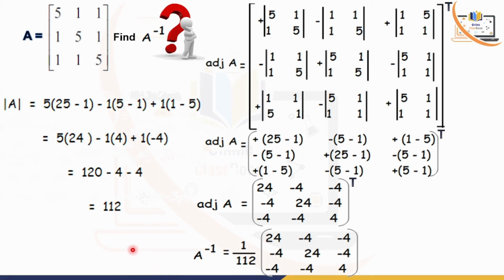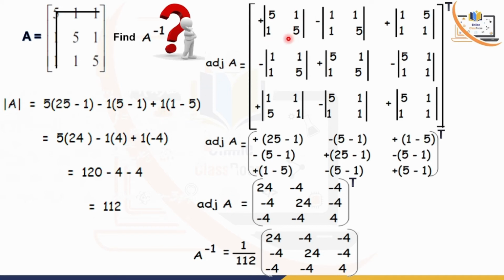Well, now we will focus on the adjoint portion. Here the corresponding 3x3 system is there. That means first we have to focus on the adjoint of A. We have to create the minors as well as the cofactors of the matrix. If I consider the first point, that is 5, obviously we have the minor 5 1 1 5, and that is the plus position, the first value.